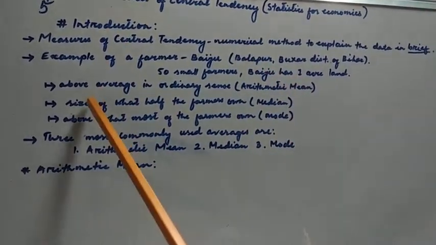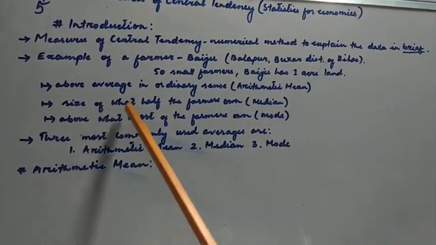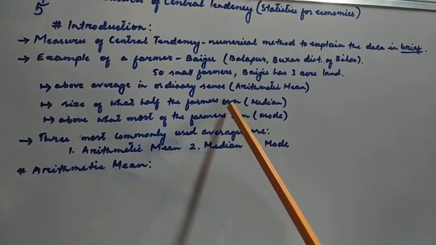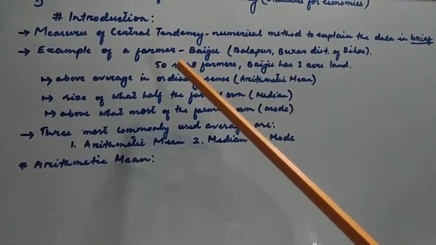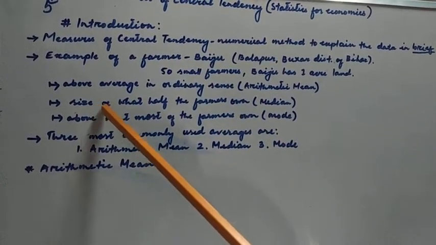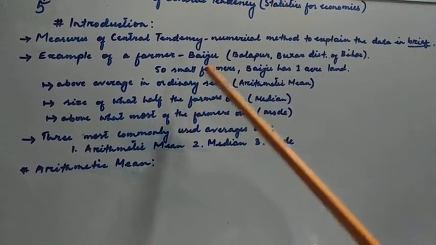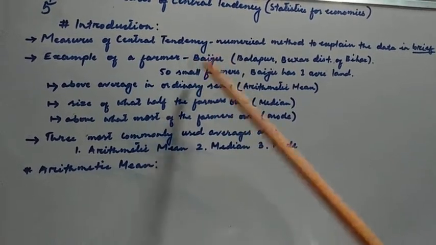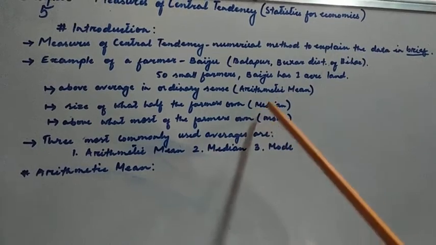And in the second place, you may also want to know if the size of Baizu's land is half of what the farmers own, for that you have to see the median. If the land owned by Baizu, that particular farmer, is the size of what half the farmers own, you may want to see that if you want to compare the economic condition of Baizu and all the other small farmers of that particular village. So you want to know the median.